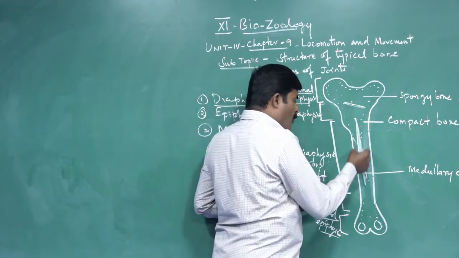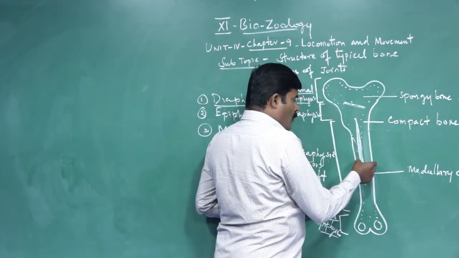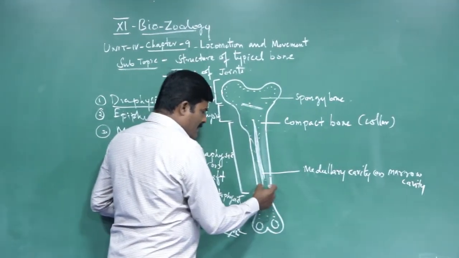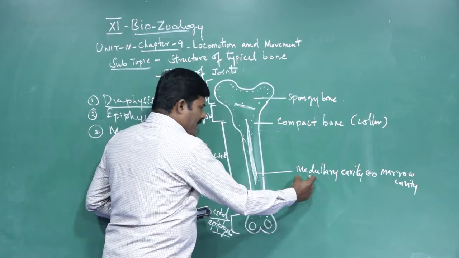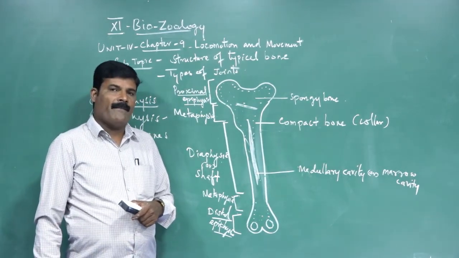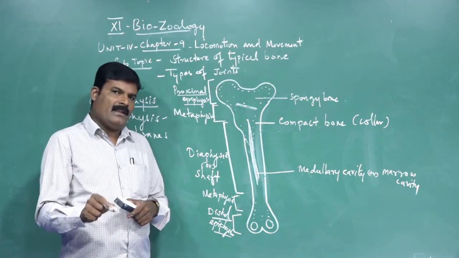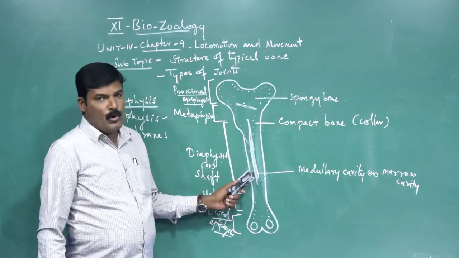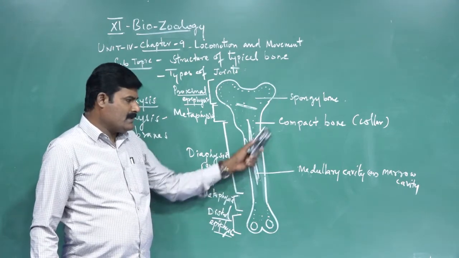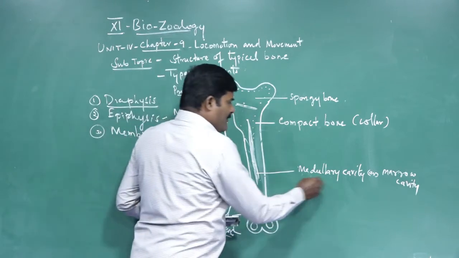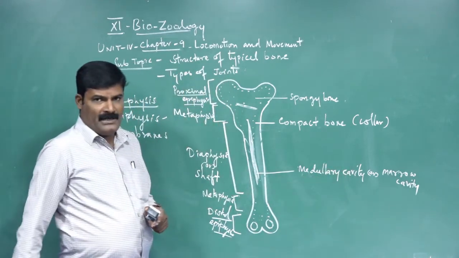So the compact bone, the collar of the compact bone, forms below the spongy bone, which surrounds the central medullary cavity or marrow cavity. What is the medullary cavity? A cavity that lies in the compact bone. So the medullary cavity is otherwise called marrow cavity.